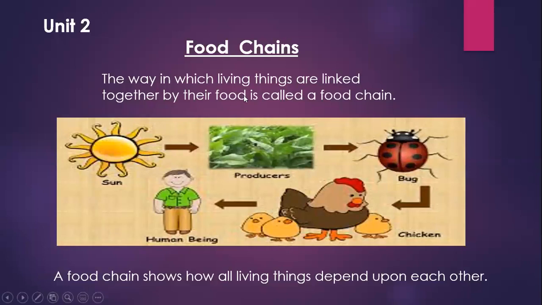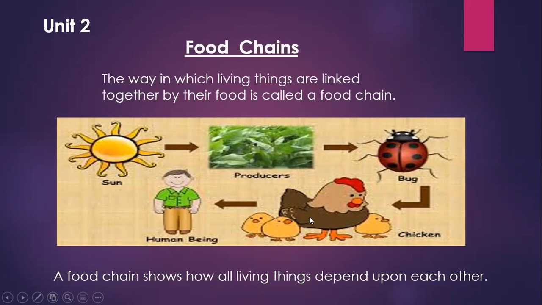The way in which living things are linked together by their food is called a food chain. You remember, I told you that everyone living on the earth needs energy and food, and it depends on another animal or plant for their food or energy.